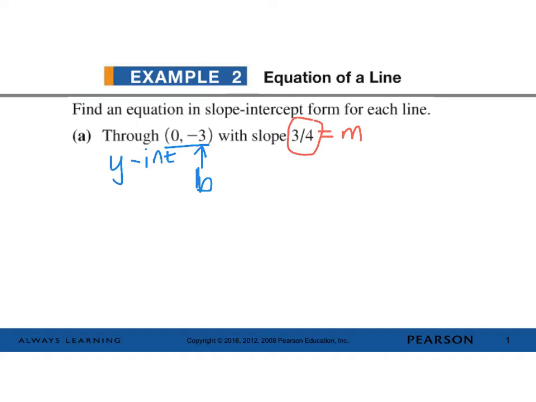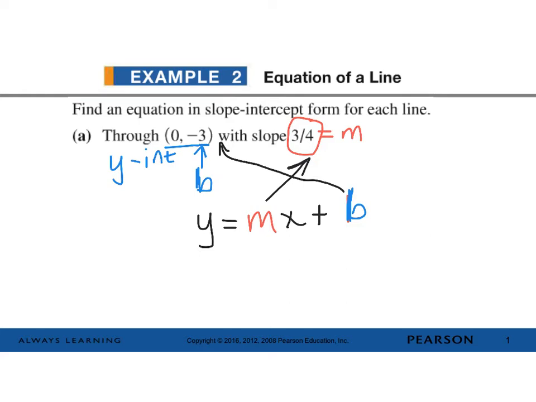And so when we look at where these fit in to the slope-intercept form of our equation, which is y equals mx plus b, this tells us that the value of m is going to be the 3/4, and the value of b is going to be the -3.